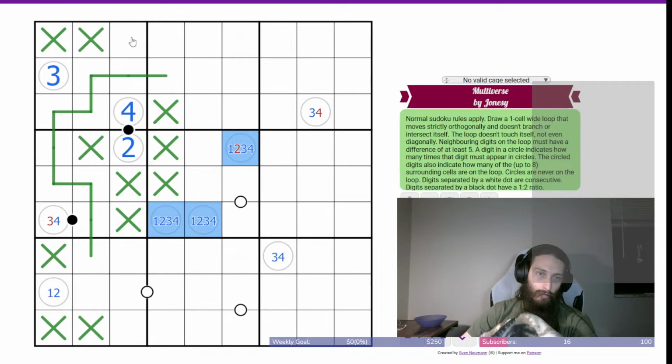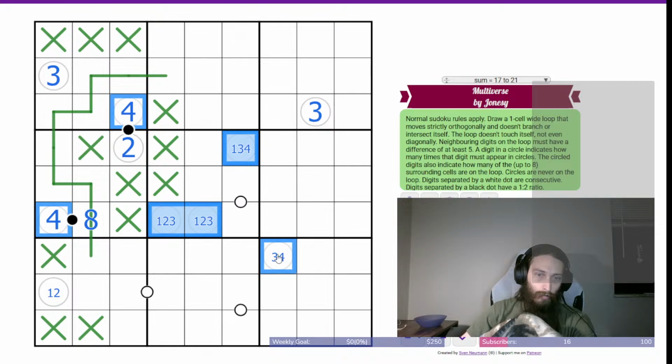And it has to go there. That's not allowed. 4, 8. Three. This has to be a 4, because I've only got 1, 2, 3, 4.